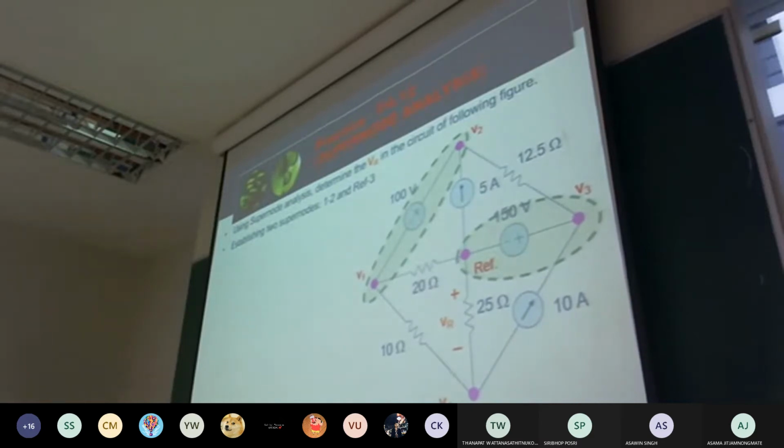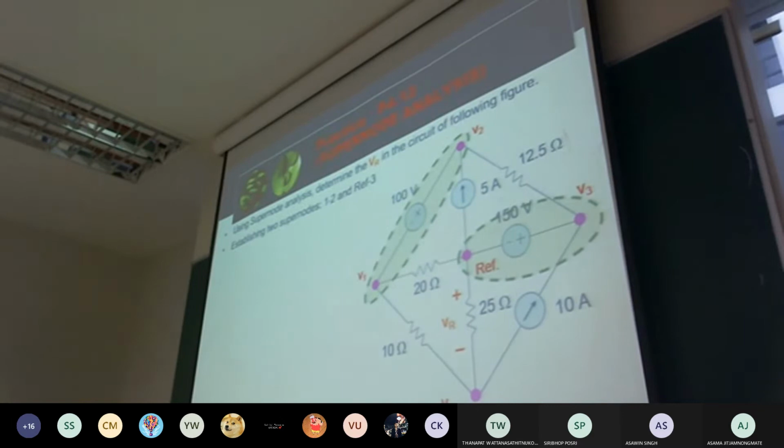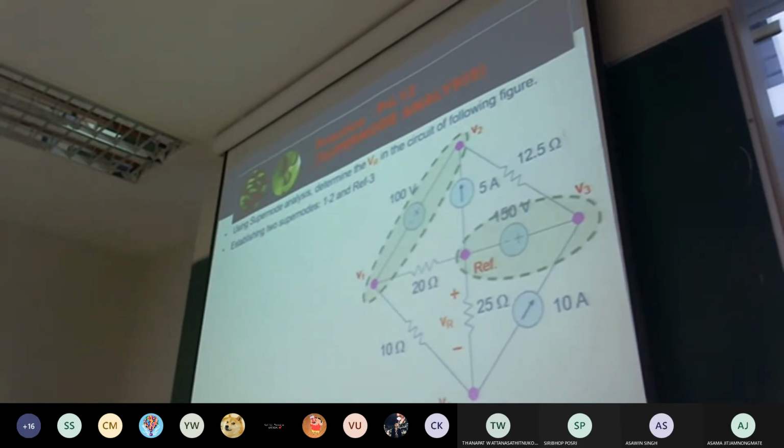How many currents? 1, 2, 3, 4. Right. Why do you have 4 or 3 terms? One current in, right? 1, 2, 3, 4.